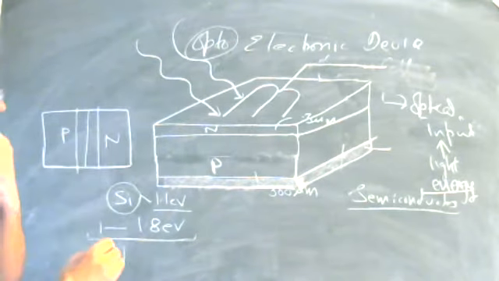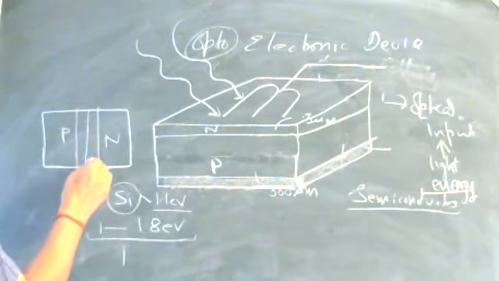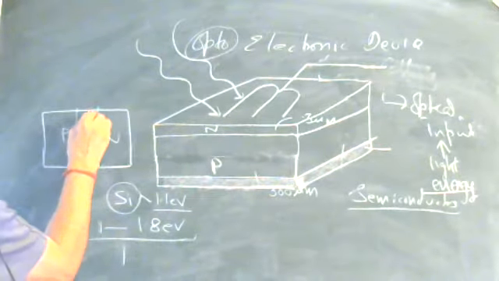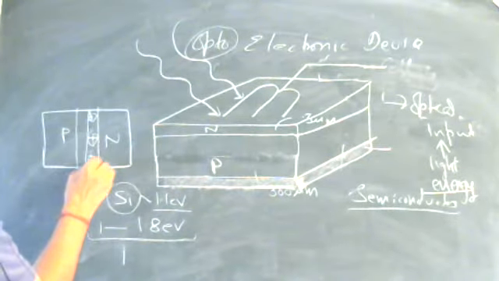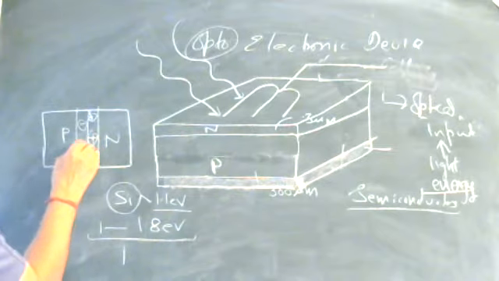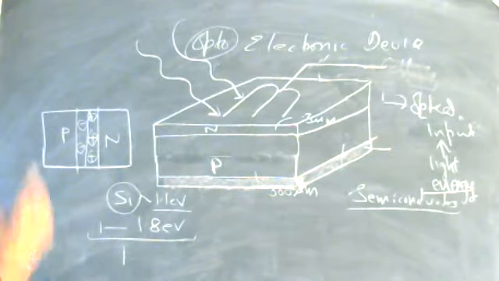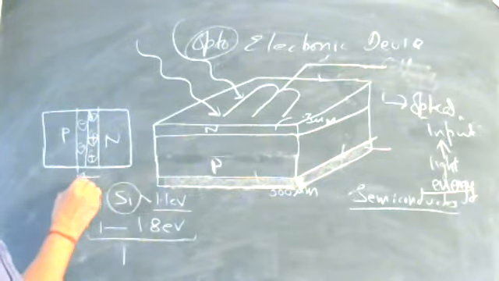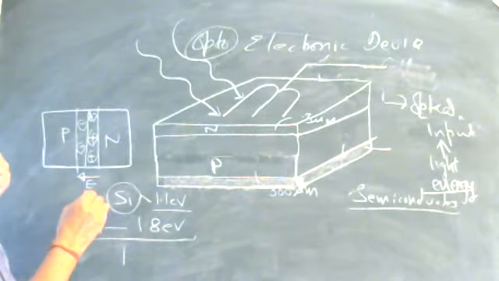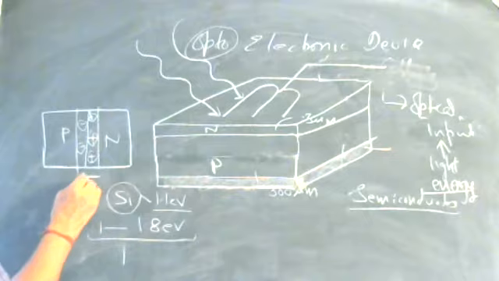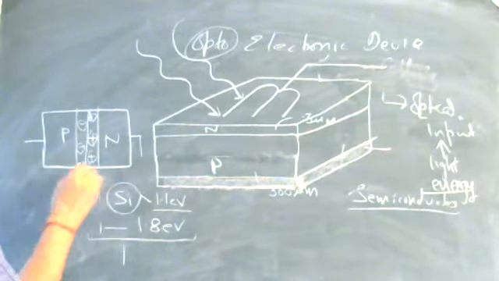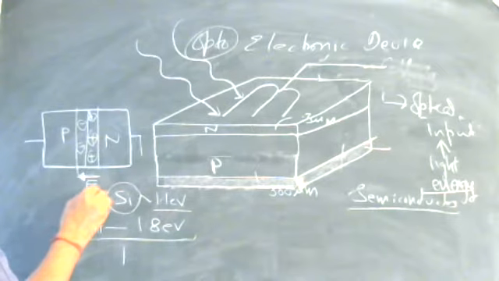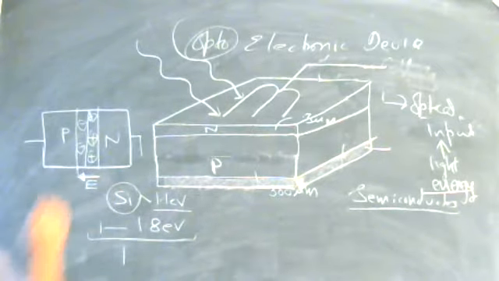We know that there is a depletion layer, and because of which there is a positive charge on this side and negative on this side. This causes an electric field like this. This is the electric field in this direction when there is no bias, and it is an equilibrium condition. This is the direction of electric field.